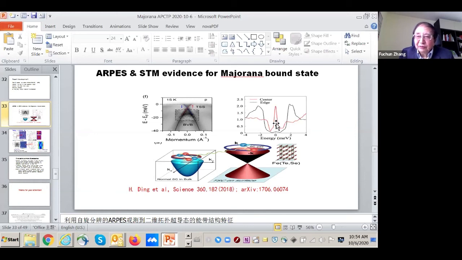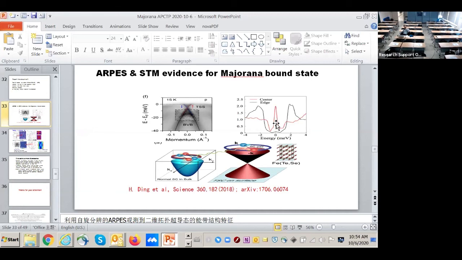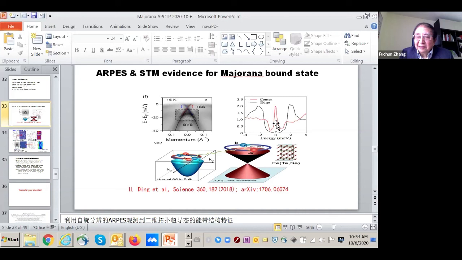Another way to say it is that the proximity effect is between bands in k space. So you don't have to make them; it's there. Of course, not every iron-based superconductor is topological, but there are a number of them. At least they are reported in three or four different materials.